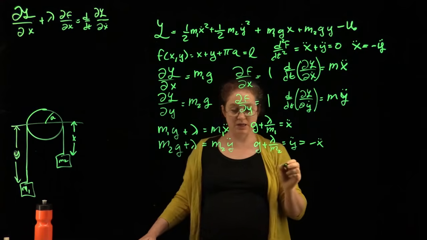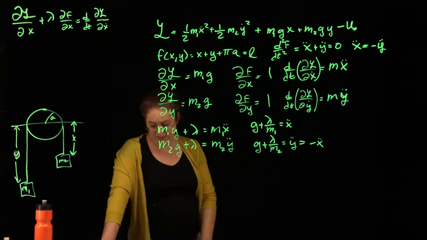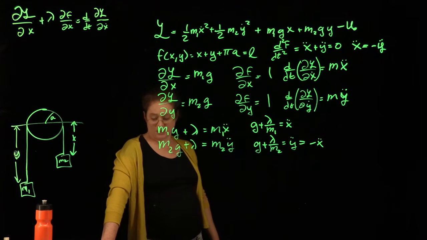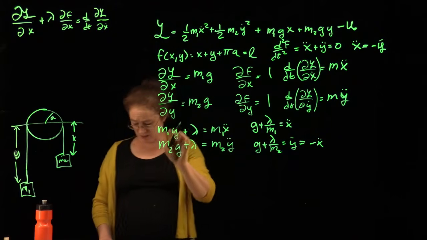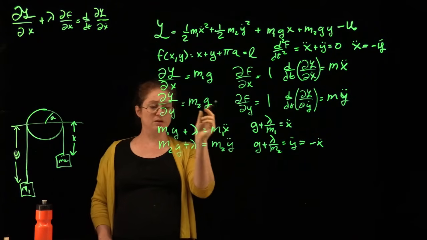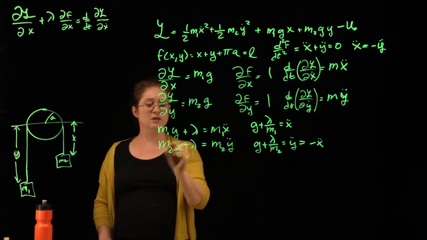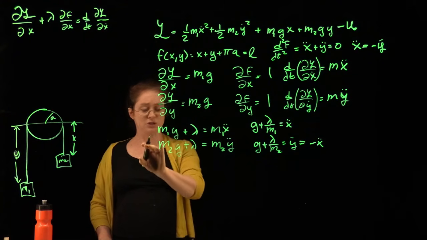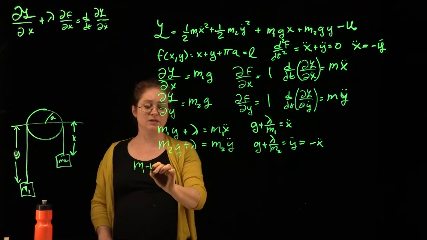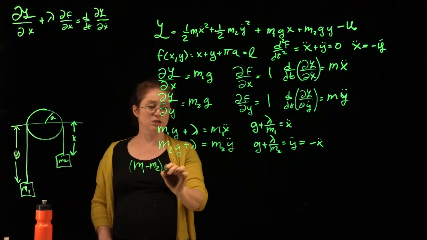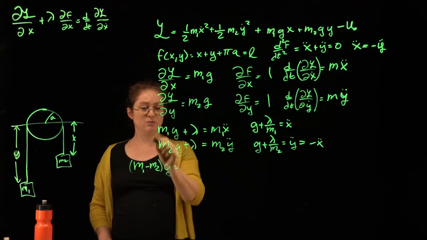Now there's a whole bunch of different mathematical tricks. To get rid of lambda, I'm going to take this equation and subtract off that equation. So I get m1 minus m2 times g equals this one minus that one.